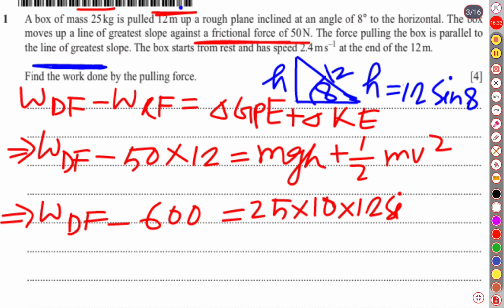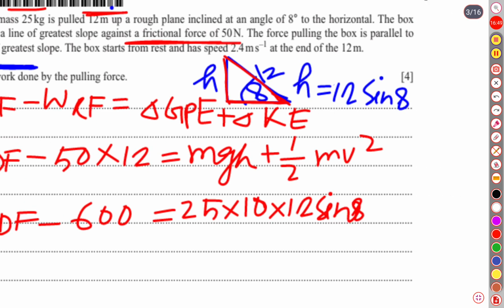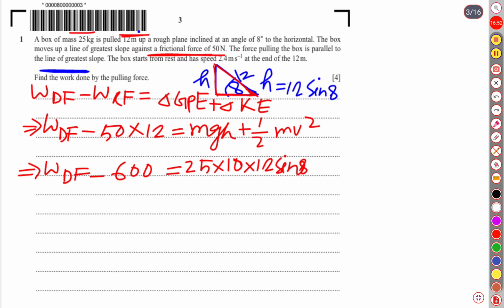Initially this was the horizontal line and the height was 0, then finally the height was h, and h is equal to 12 sine 8 degrees. Plus half mv squared, so half, the mass of the box is 25, and the initial velocity was given here, 2.4 meters per second.